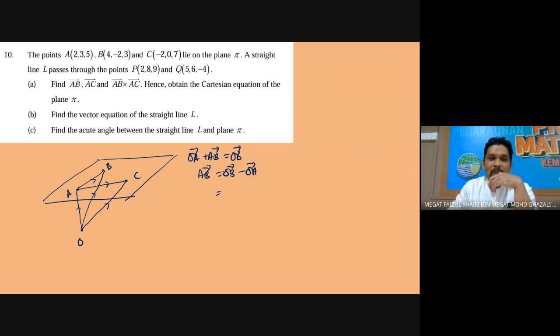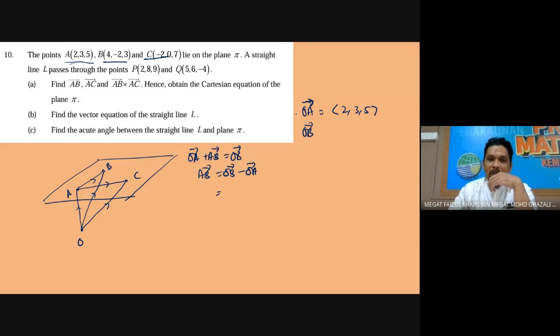The position vector is a vector from the origin point 0 to the point A. So OA we write as (2, 3, 5).